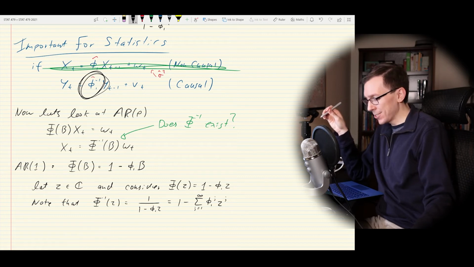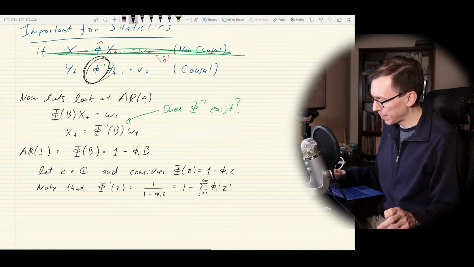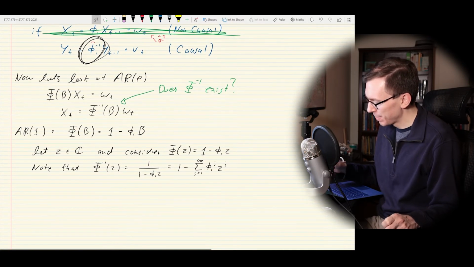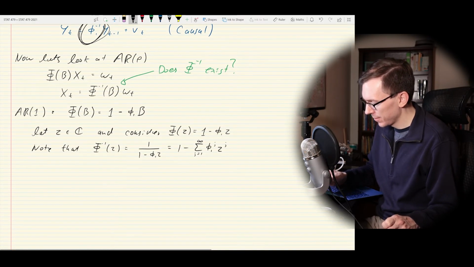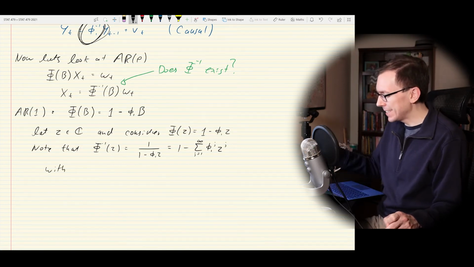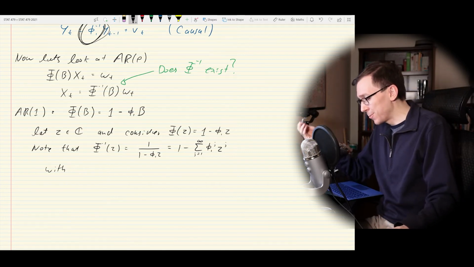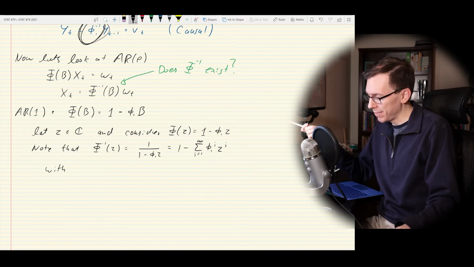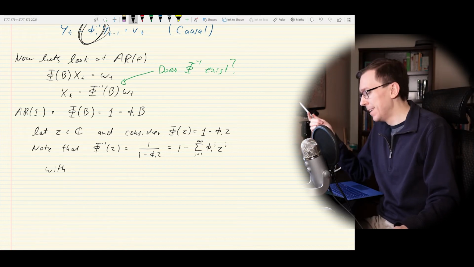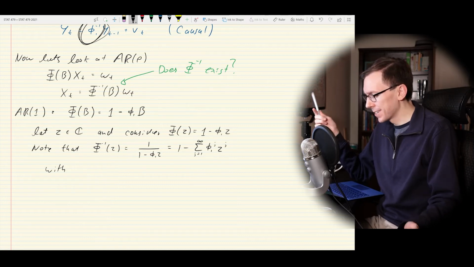And this is going to have a radius of convergence, if you think of it in terms of a power series. If you recall, the radius of convergence is the values that z can take such that this series converges. If z is really, really big with respect to the value of phi 1, then this series will not converge, and we can't write it down.